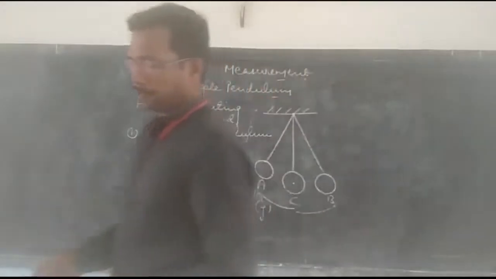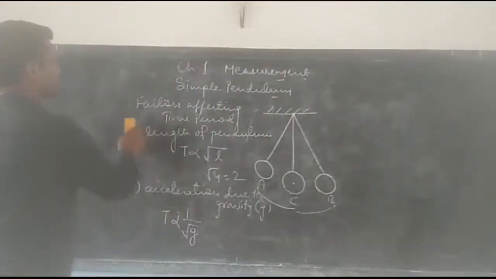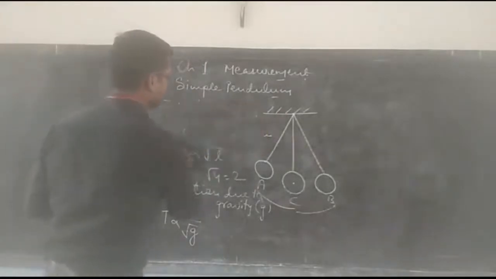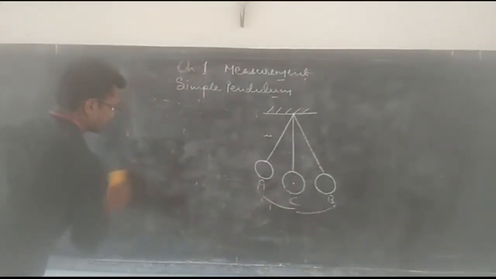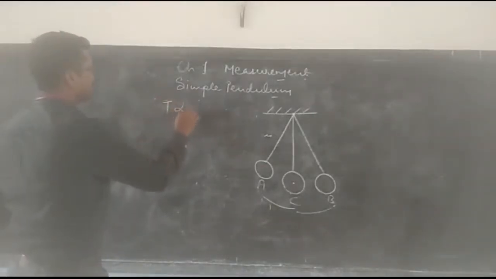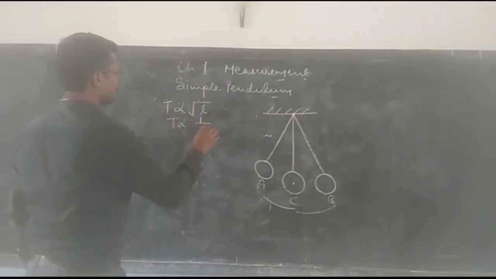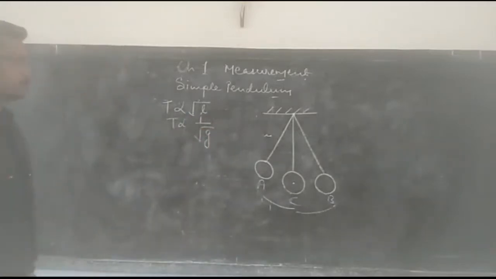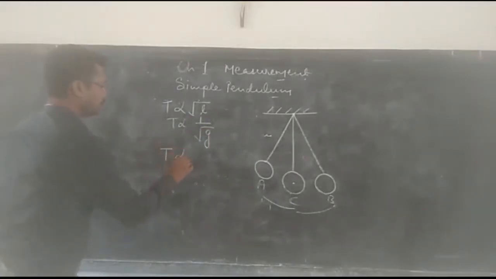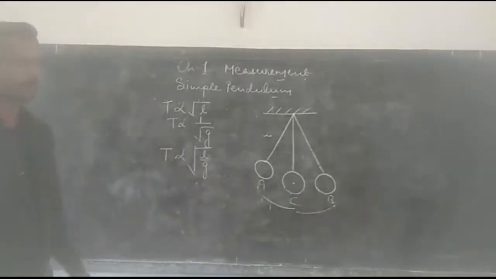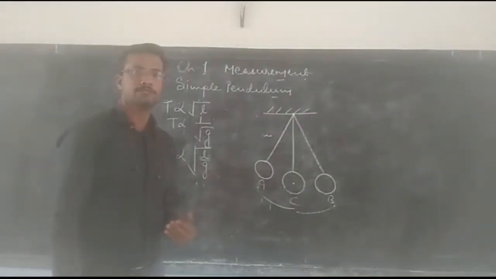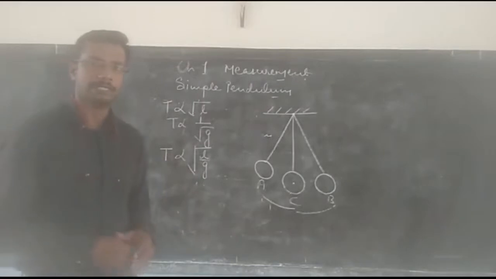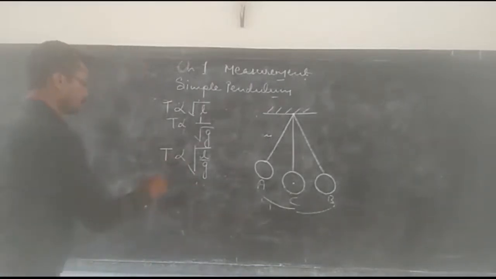Now, on combining these two factors, we can write: since time period is directly proportional to square root of length and is inversely proportional to square root of acceleration due to gravity, so we can say T is directly proportional to square root of L upon g, where this proportionality sign can be changed into equality sign on giving a constant term.